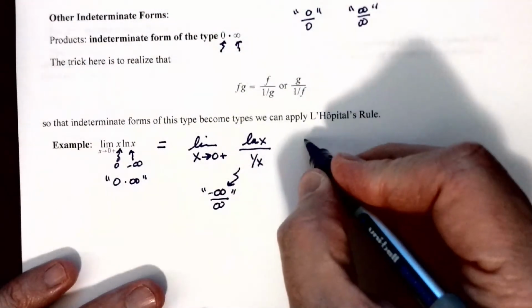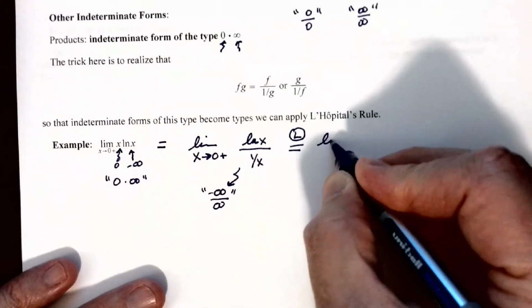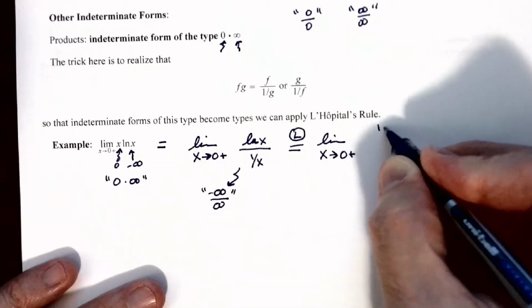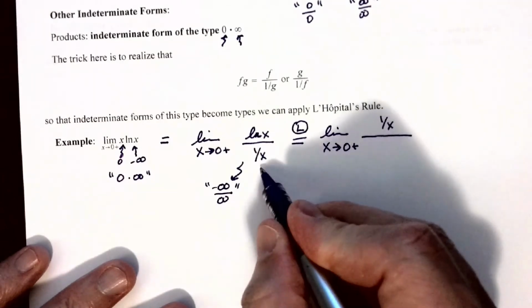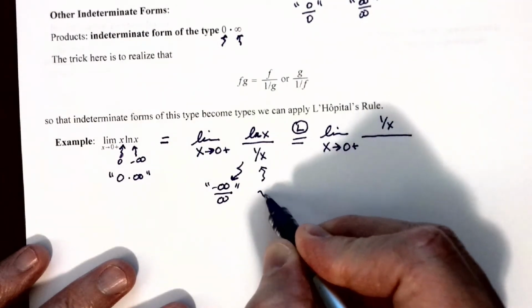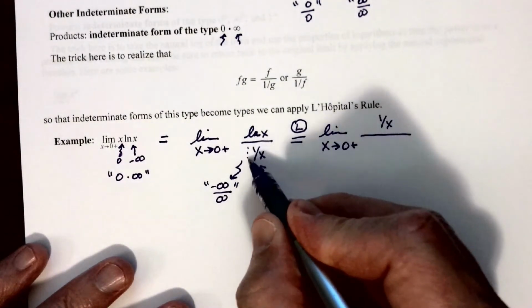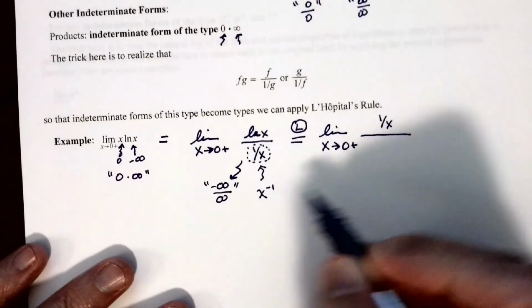So by L'Hopital's rule, we'll now apply. I can take the derivative of the top, which is 1 over x, over the derivative of the bottom. Keep in mind, 1 over x is the same thing as x to the negative 1 power. If I take the derivative of x to the negative 1, that's negative x to the negative 2.